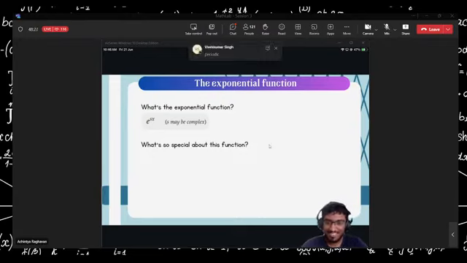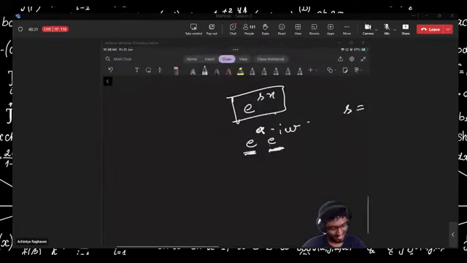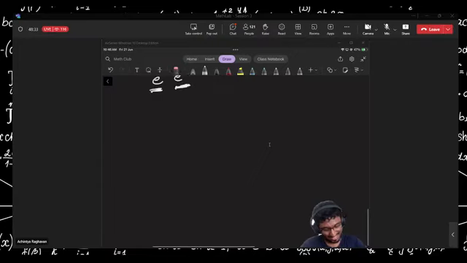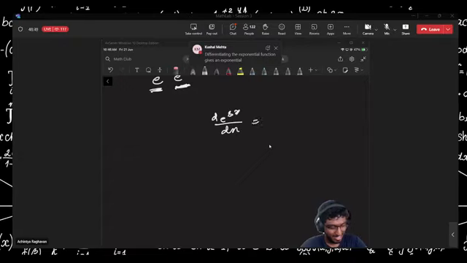Yeah, shout out to Vasudev. You are absolutely right. If you differentiate e power sx with respect to x, you just get s e power sx. It's just itself scaled, and this is a very interesting property. This is why it comes up everywhere.